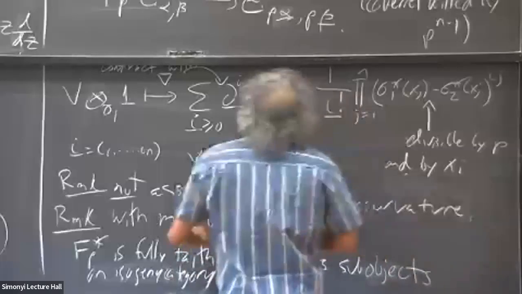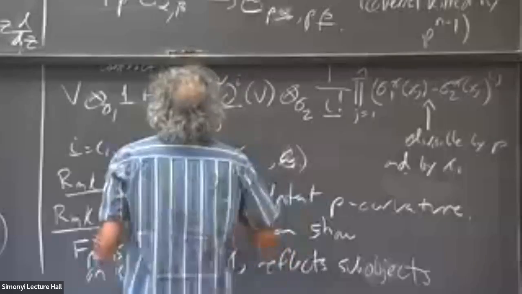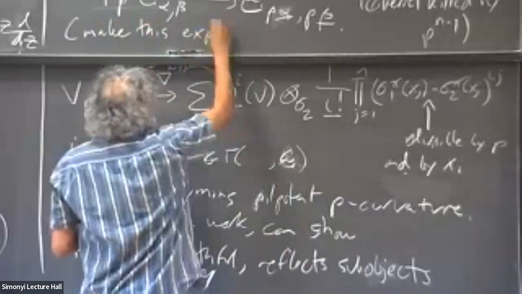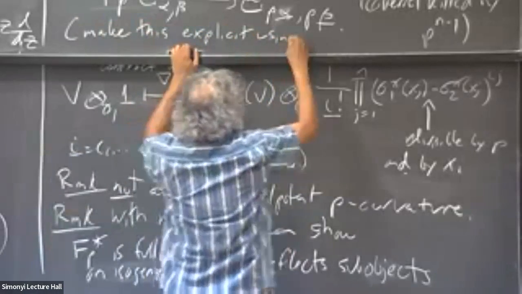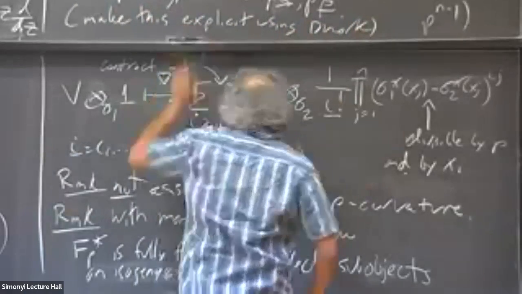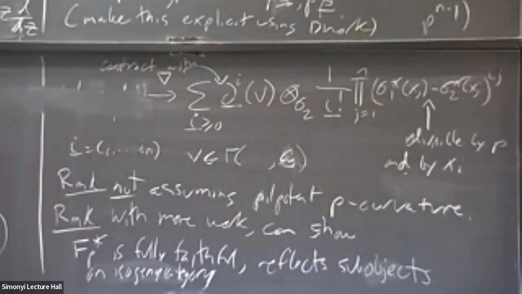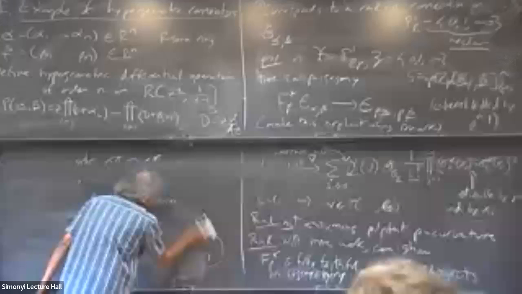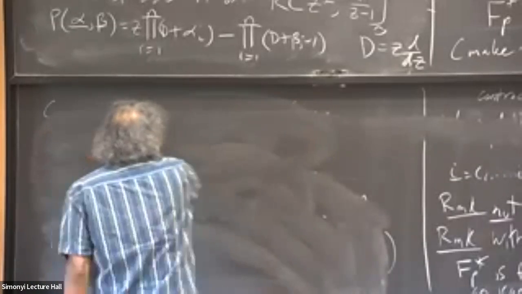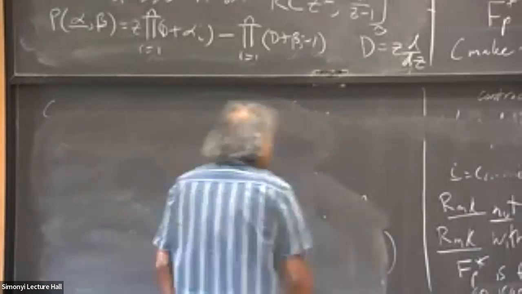And I should mention, you can make this quite explicit using some work of Dwork. So my 30-year cutoff comes from the fact that Dwork wrote a book in the early 1990s summarizing some things that had gone on in the theory of p-adic differential equations before that, where he explains how to write down this kind of isomorphism.